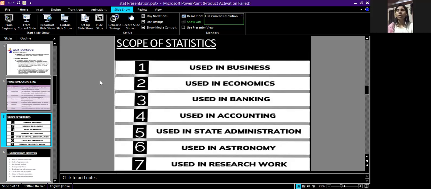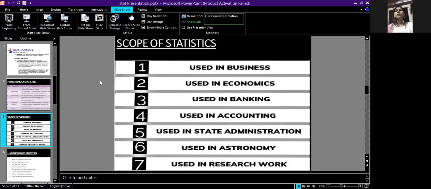One rupee or a minor change in accounting books can change the whole balance sheet of the company. So the information generated from accounting is also analyzed or tested with the help of statistical tools.